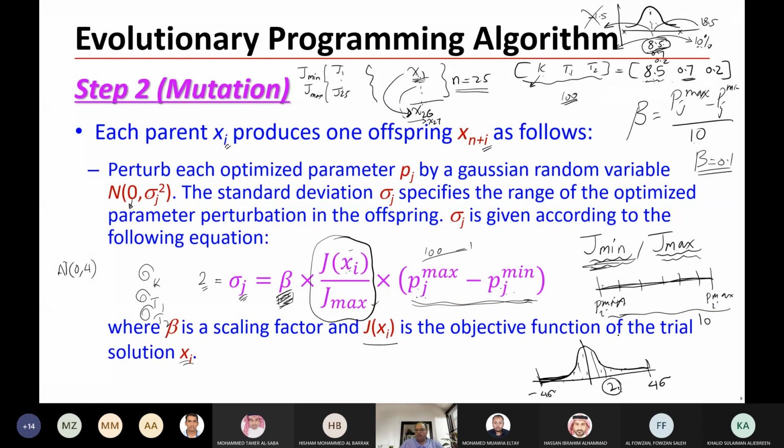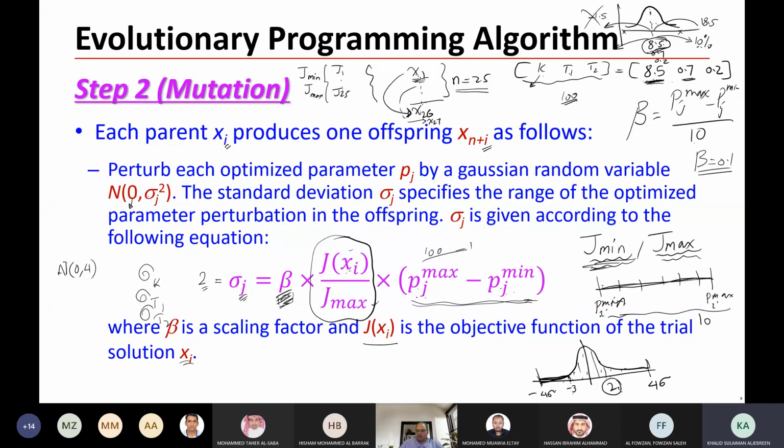This 2 will be added to 8.5. This is the change in k. If you select minus 3, this will be less probable. So this minus 3 will be added, and this is the perturbation of the parameter. Yes, and that's my new K, doctor.